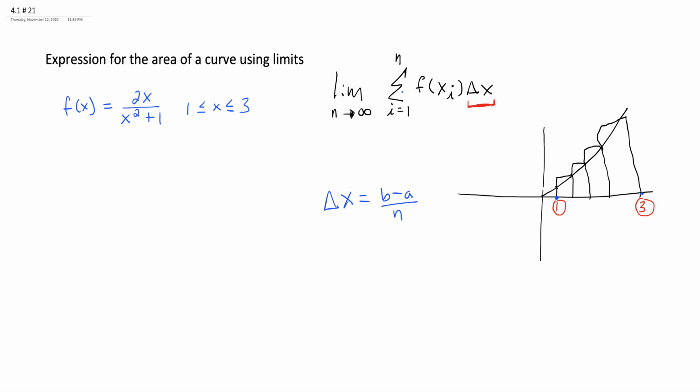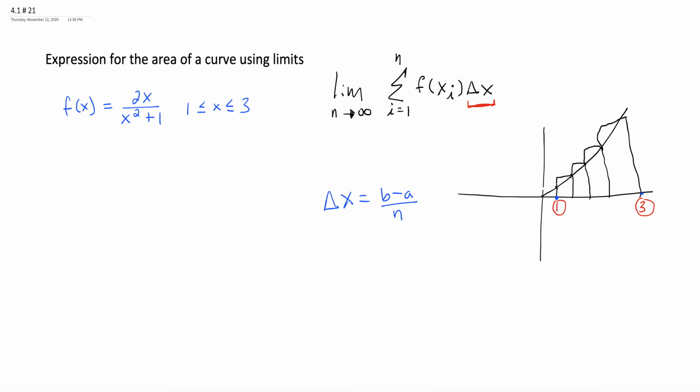So let's forget about n going to infinity for right now. Let's just say we're going from 1 to 3, and we want to cut this up into 1, 2, 3, 4 subintervals.